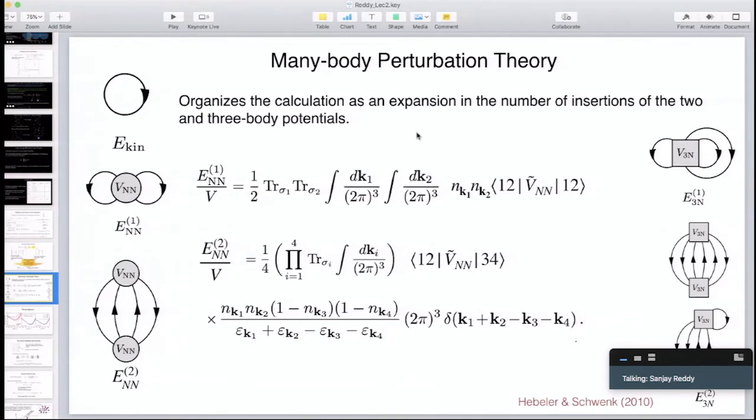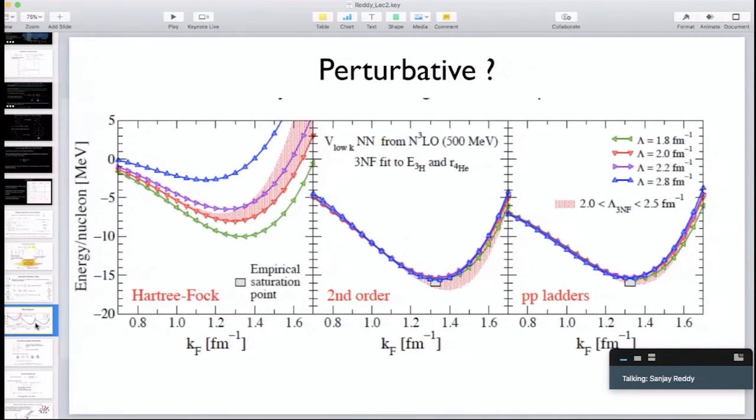So people have tried to do these calculations to verify whether or not perturbation theory works. And there is still some controversy as to whether or not this is a good approach to understanding strong interactions, and that's shown by this plot here. So if you try to calculate the energy per particle of symmetric nuclear matter, that's a state of matter that we know.